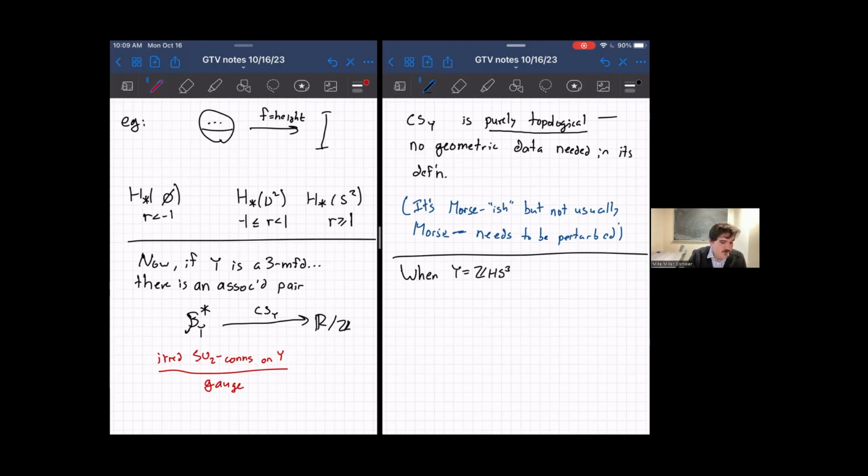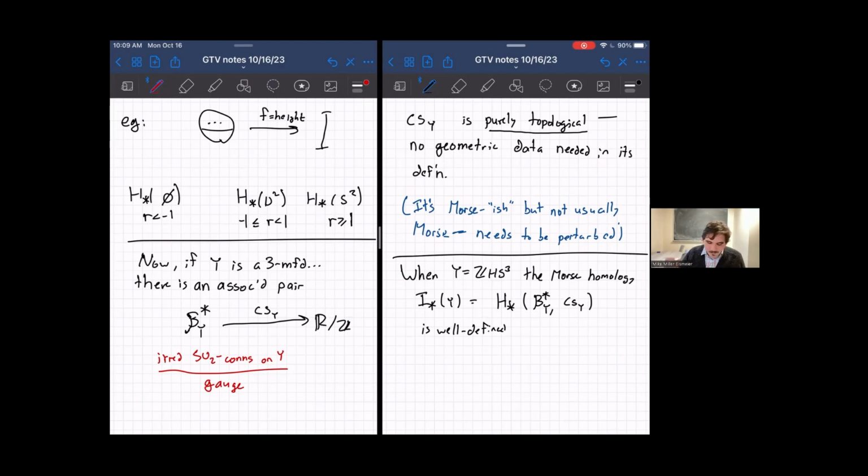If you work with integer homology spheres, there actually is a well-defined Morse homology, which is well-defined, independent of perturbations and whatnot. And I don't know, that launched the field of instanton gauge theory for the past 35 years.